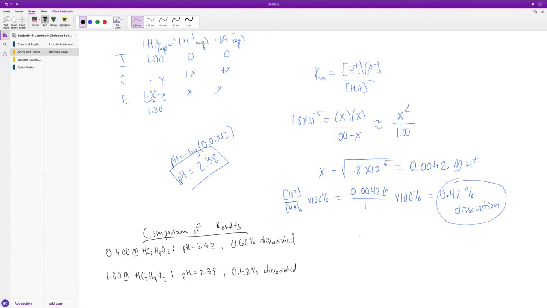In general, the higher the concentration of your weak acid, the smaller the percent of molecules that will dissociate.